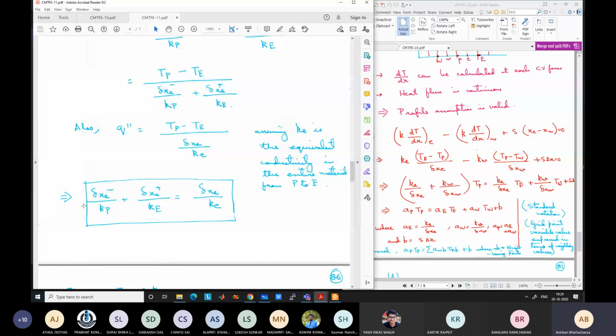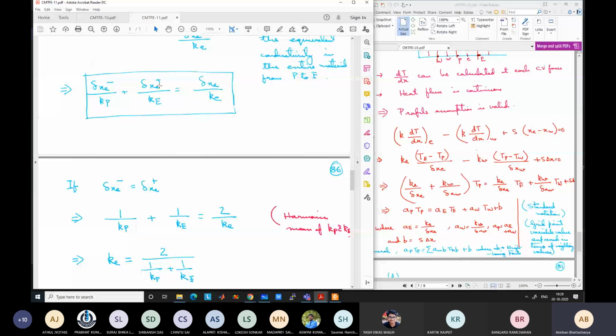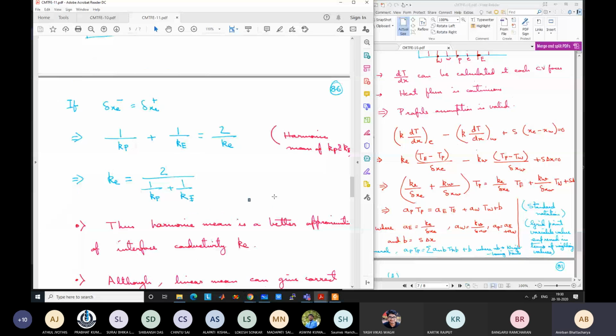So if delta Xc minus is equal to delta Xc plus, we know that each is equal to half delta Xc. Just replace that, and you have 1 by Kp plus 1 by Ke equal to 2 by K small e. The harmonic mean, meaning the interface conductivity, can be represented as 2 by (1 by Kp plus 1 by Ke).